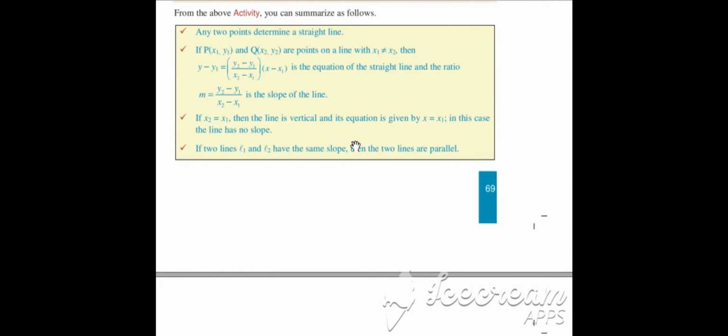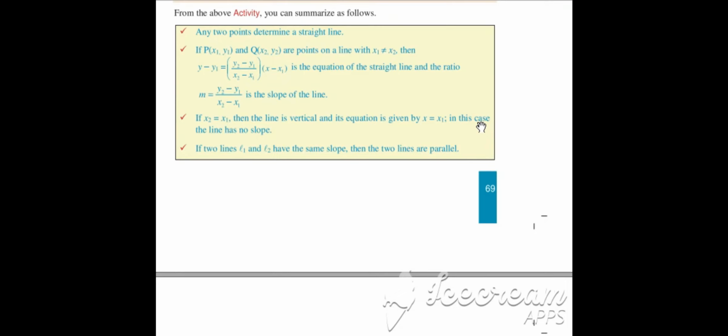And also if y1 in point P and y2 in point Q are equal, that line is a horizontal line. And the equation is given by x is equal to x1. In this case, the line has no slope. That means a vertical line has no slope at all.